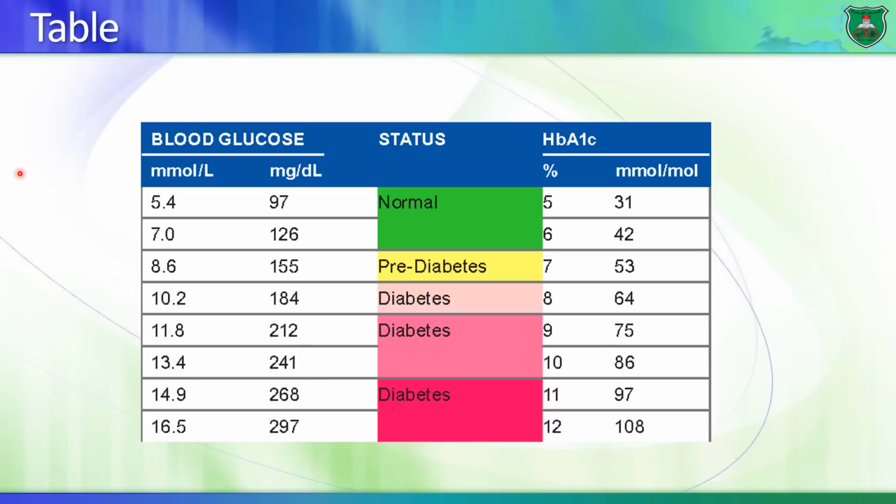So this table is for you to memorize actually. So normal individuals would have levels of glucose between 80 and 120. So that's normal individuals. Okay. Now this is looking at glycosylated hemoglobin. The DCCT units are percentages. So a person having 5% or 6% HbA1c, this person would be normal.